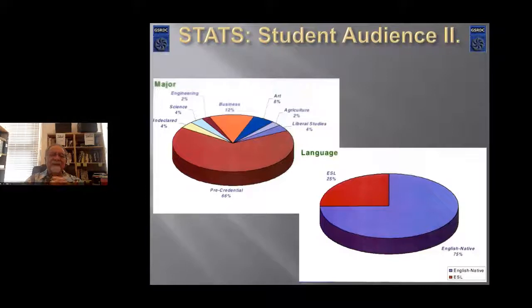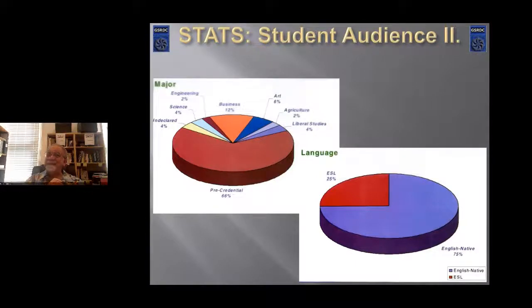Let me say another thing about these pre-credential, pre-teacher people, which were 60, almost 70% of the class. One of my professors in biology became the director of the pre-credential program, and he used to send me what he called science phobes, people who left science until the very last thing to take for them to earn a bachelor's degree to become a teacher.